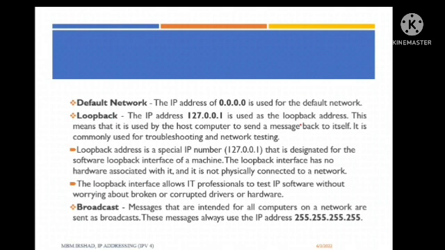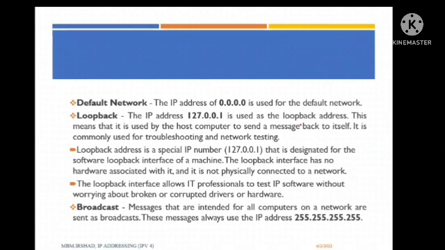That is the class A address. Among them, the IP address 0.0.0.0 is used to represent the default network. When network engineers designed IP version 4, they reserved this number for this purpose.